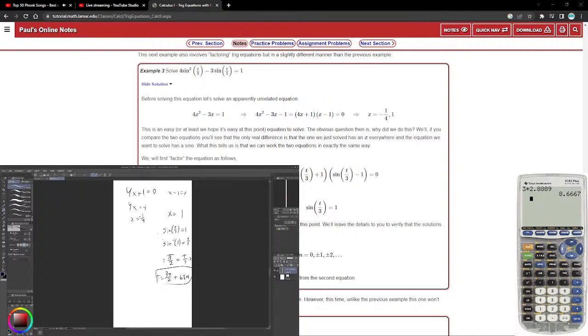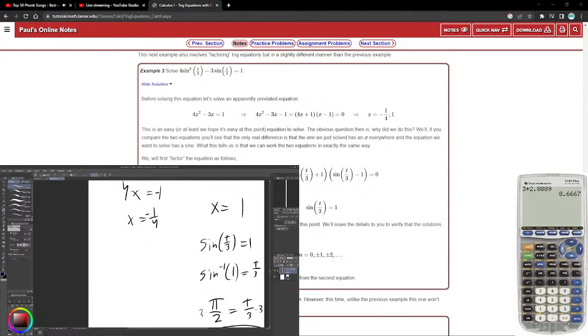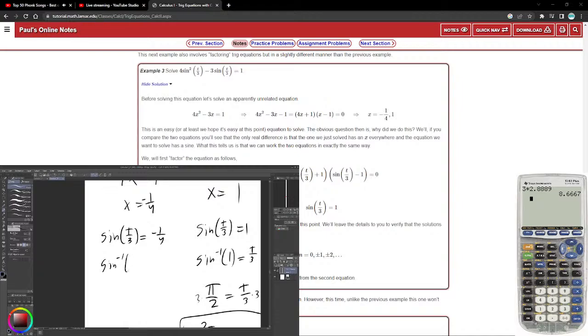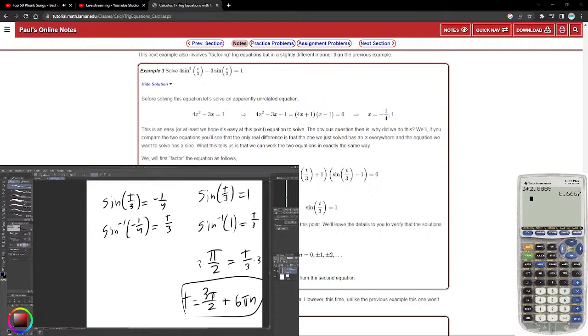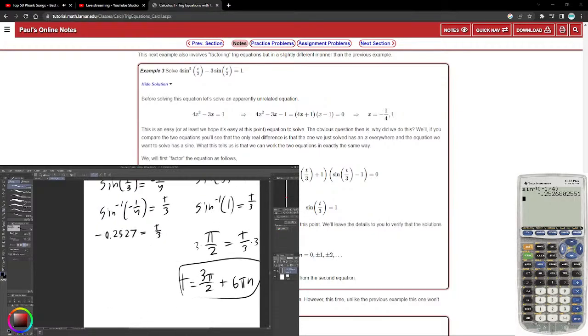Okay. Now I gotta get the decimals for this. So we got sine t over 3 equals -1/4. Inverse sine of -1/4 equals t over 3. So inverse sine of -1/4 is -0.2527 equals t over 3.